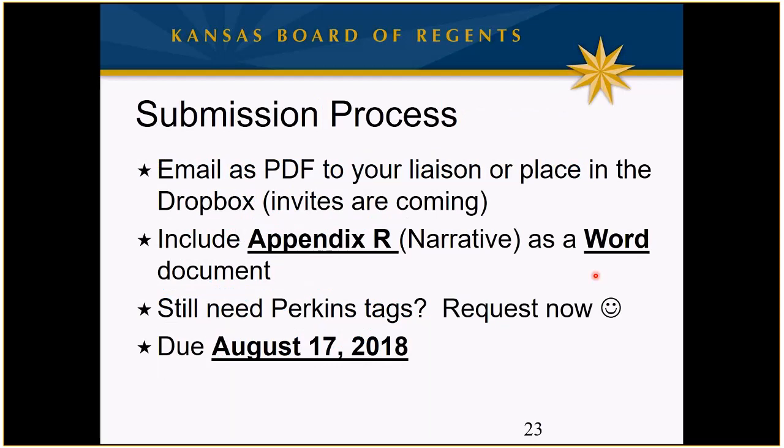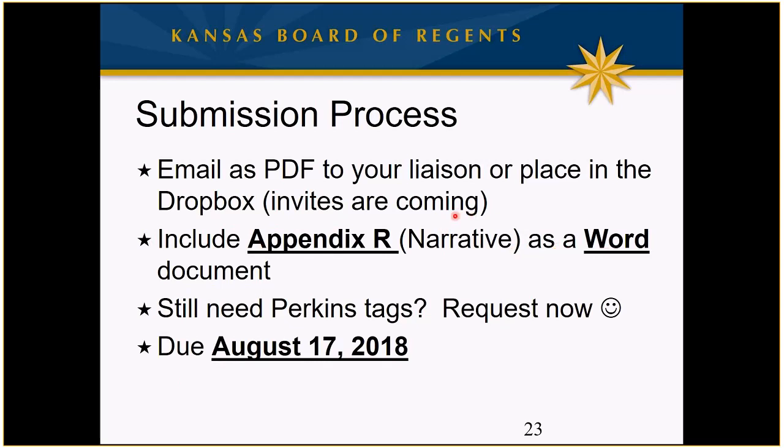As for the submission process, hopefully you email these as a PDF to your liaison, which is either Vera or me. We're going to be setting up a Dropbox for this, and I believe Connie is setting that up currently. It's not quite done yet, but the invites to that are coming. Again, Appendix R, please send that as a Word document, and that's a narrative.